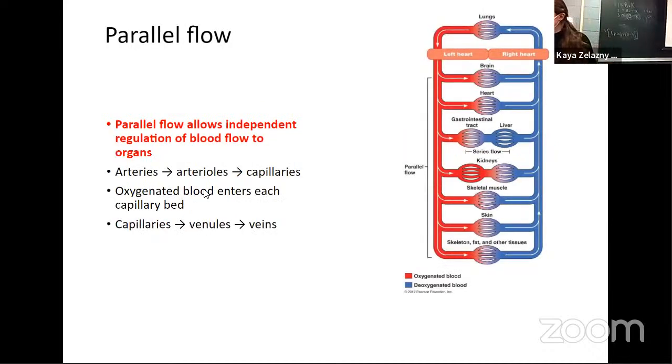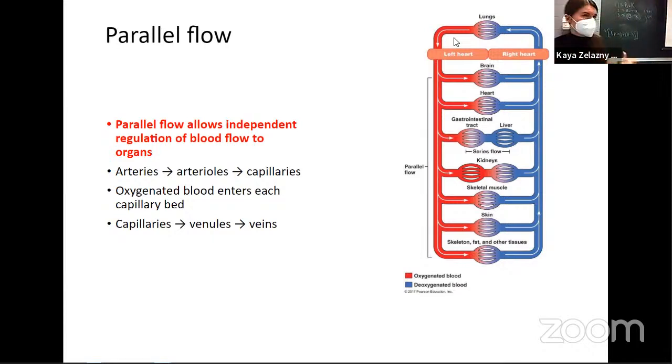So parallel, what we mean is that it would look something like this if you were to diagram it out, right? We have parallel lines. They're all branching off on their own from the arterial system. And this is important because it's going to allow us to regulate blood flow to each of these organ systems independently, which, as we've seen when we were talking about skeletal muscle and exercise, is important because you don't always want an organ to have the same amount of blood or the same fraction of the blood.